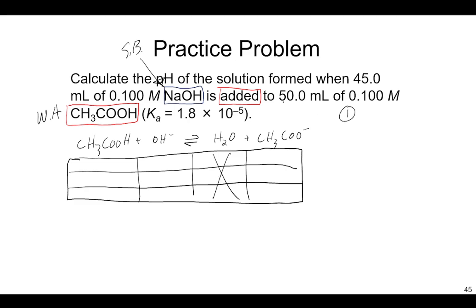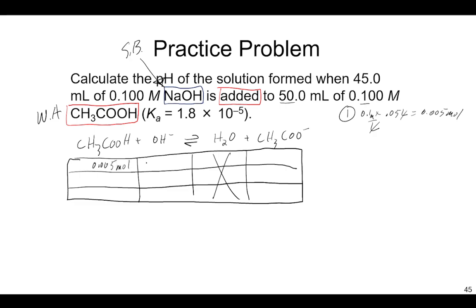Okay, so moles of acid, 50 mL at 0.1. That means 0.1 times 0.05 liters. That's 0.005 moles of the acid.